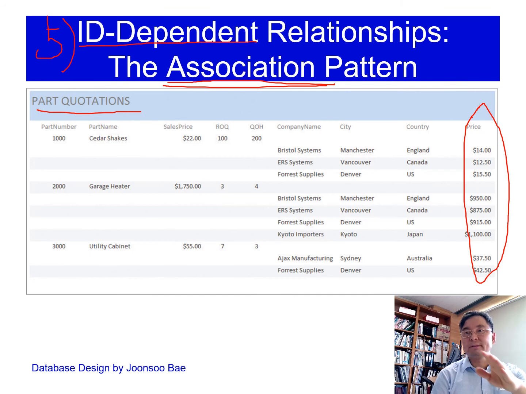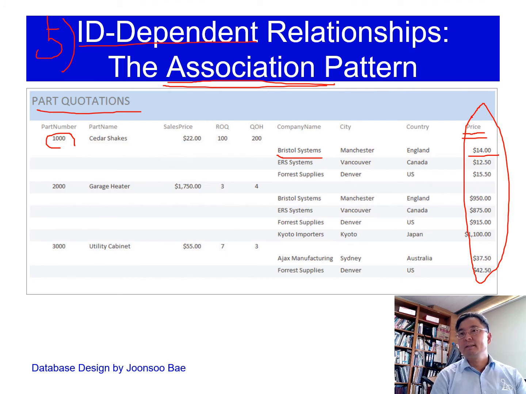We have seen the part report in the previous examples, but this user interface or report has one more column, the price column. So this part 1000 may be supplied from Bristol system with a price of 14 US dollars.